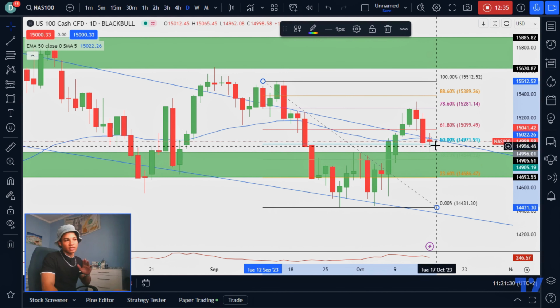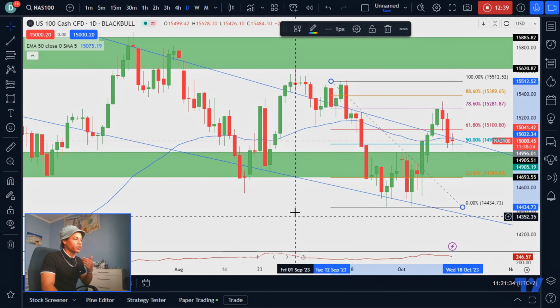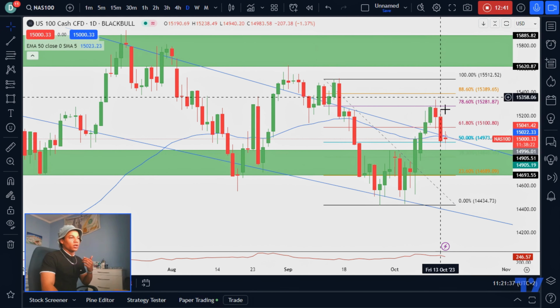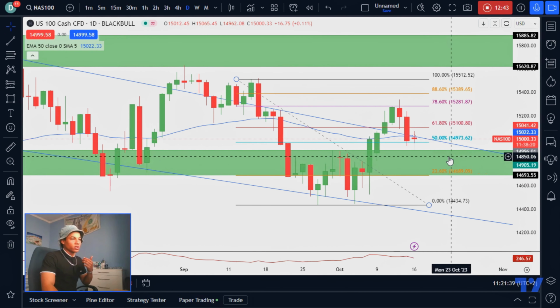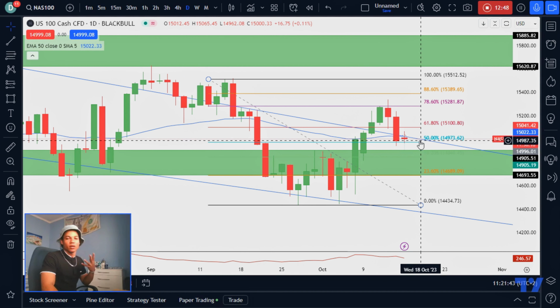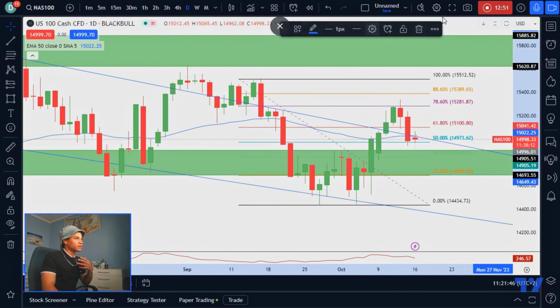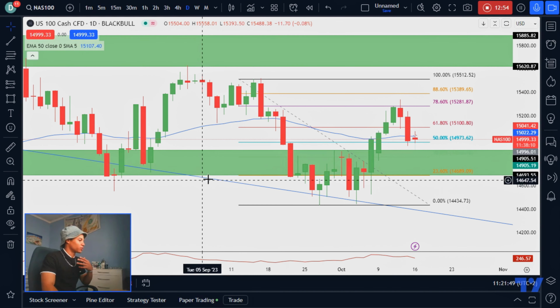And as you can see, this is the 50% area, like I said. This is the 50% area that price will use to find support, because this is one of my golden levels on the Fibonacci. Let me just remove these trend lines because it's too much on my chart right now.